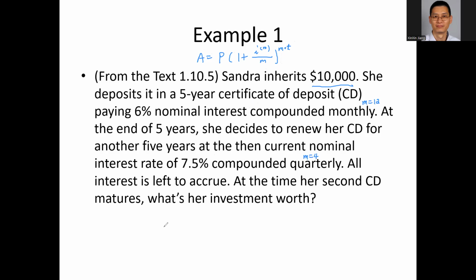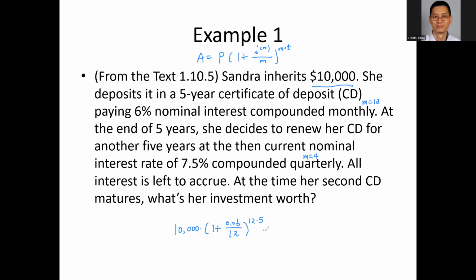So at the end of the fifth year, she would have 10,000 times 1 plus the nominal rate, 0.06 over 12, to the power 12 times 5. That's the amount at the end of the fifth year.